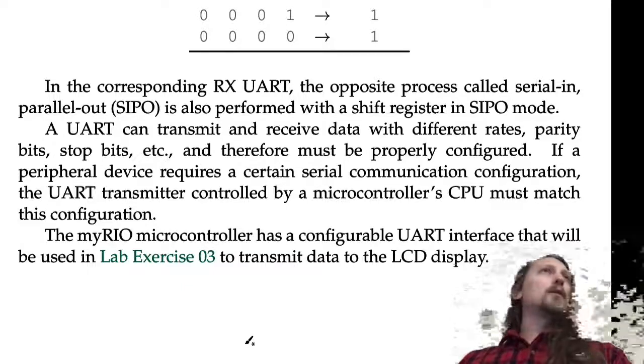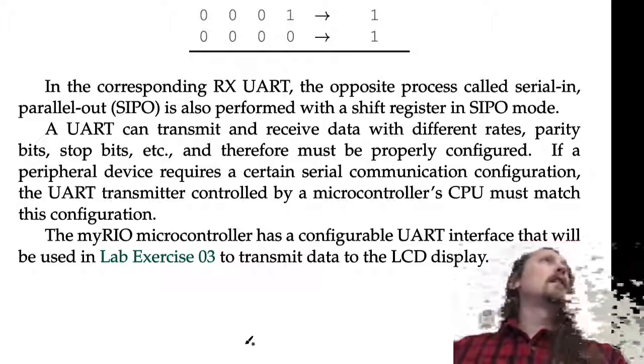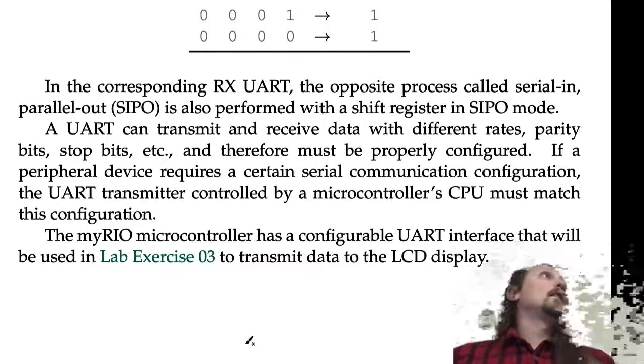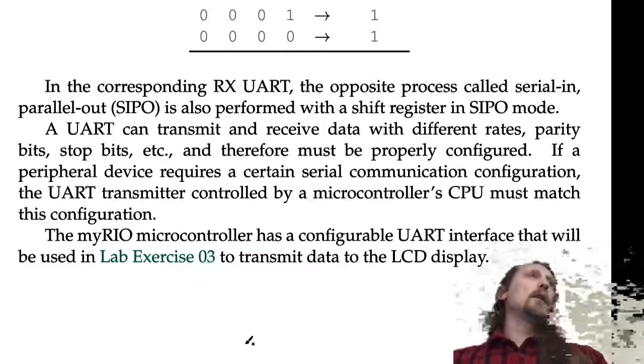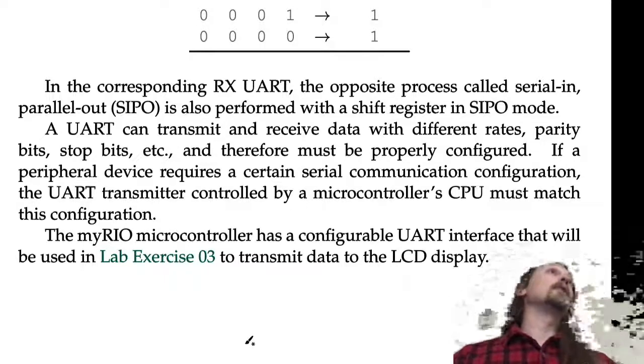Okay, any questions on that? Yeah? That information would usually come from the manufacturer? Yeah, so if you have a microcontroller that you're using, they'll have the UART information on there.